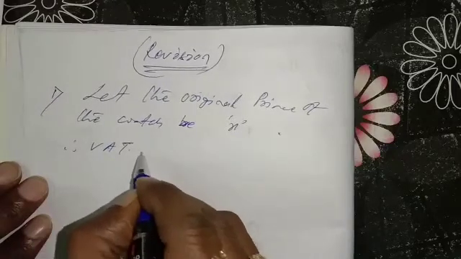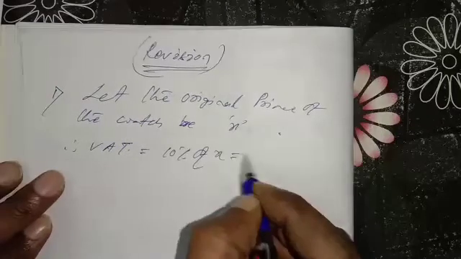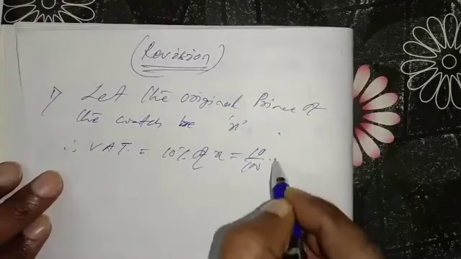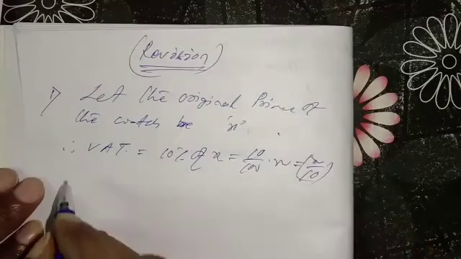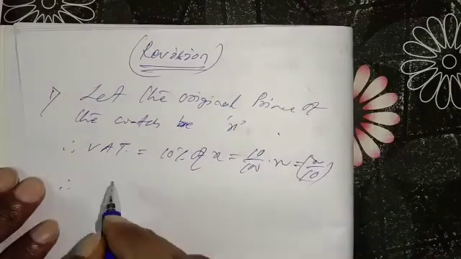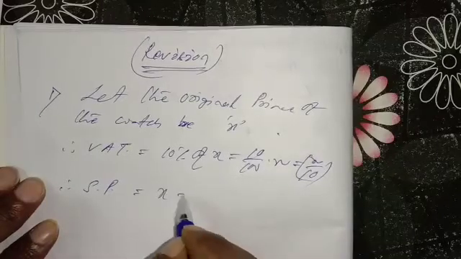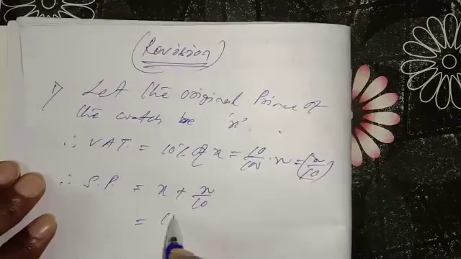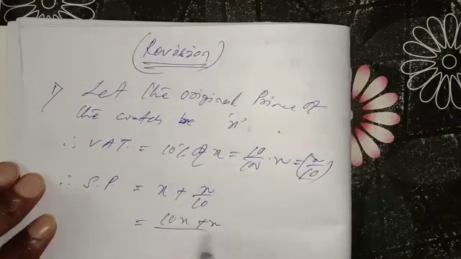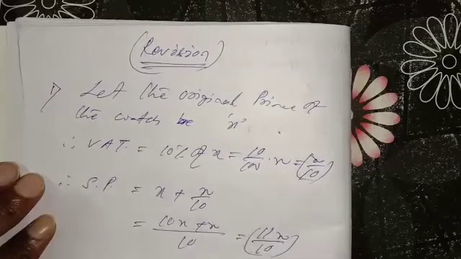Value added tax, VAT, will be 10% of X, that is 10 by 100 into X. It is coming X by 10. Therefore, selling price will be original price, that is X, plus VAT, that is X by 10, which is equal to 10X plus X by 10. It is coming 11X by 10.